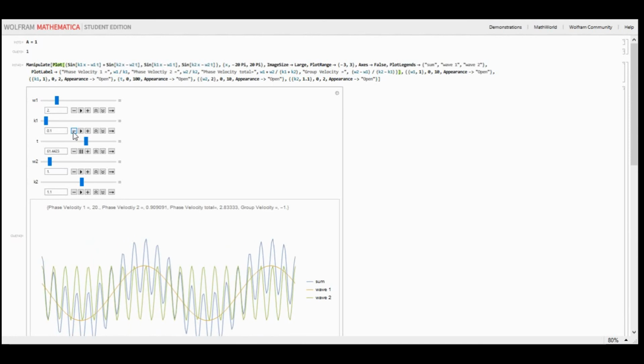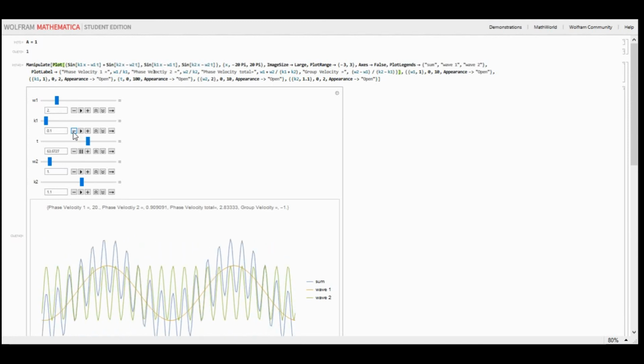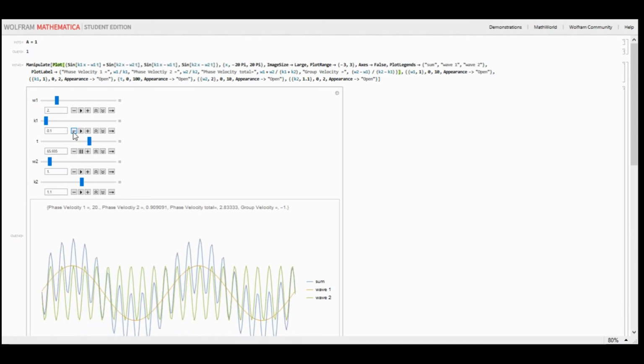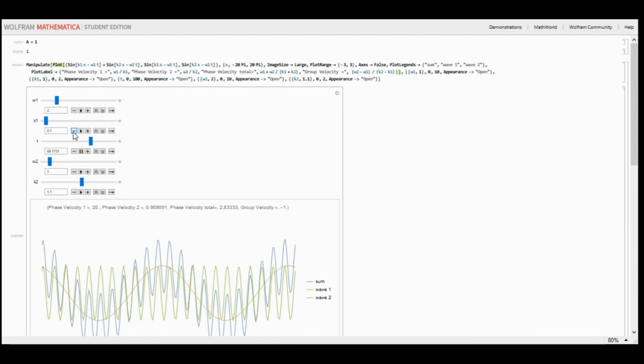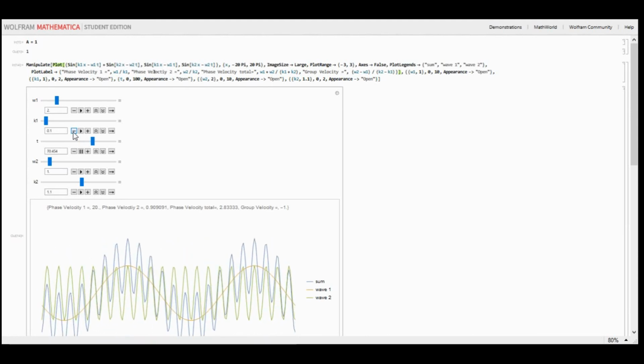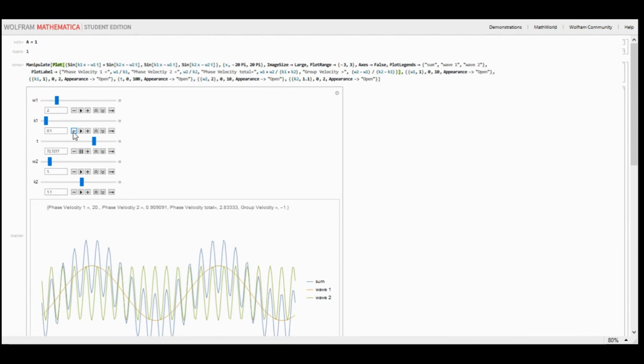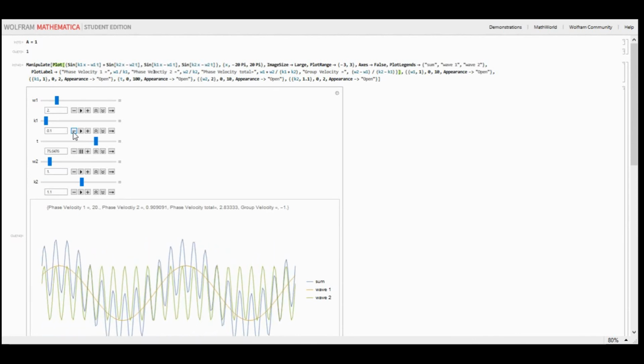I mean, the group looks like it's traveling at the same velocity as wave 1, yet the numbers don't come out even close to the same. So I think that's because the approximation we made, that they're nearly monochromatic, breaks down.